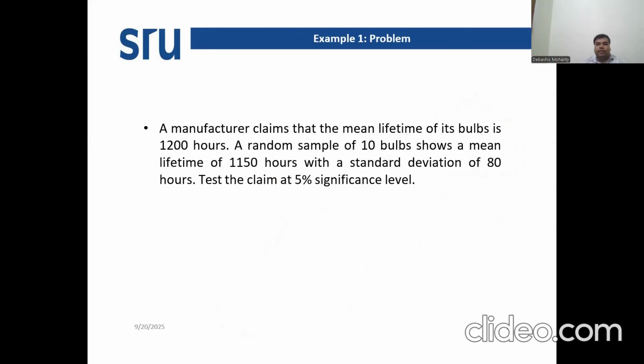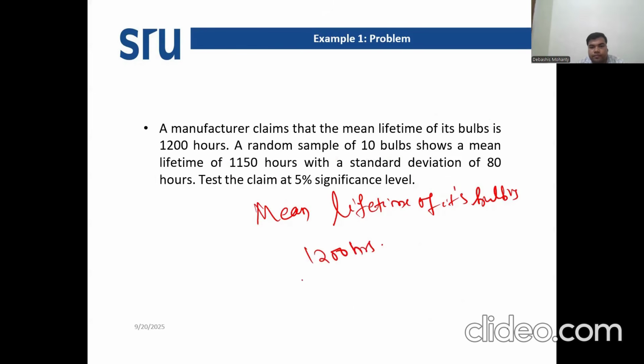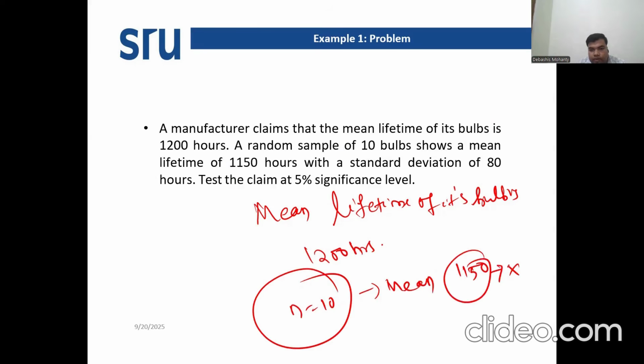Coming to the first example: a manufacturer claims that the mean lifetime of its bulb is 1200 hours. A random sample of 10 bulbs is taken, so n is 10, and the sample mean x bar is 1150.